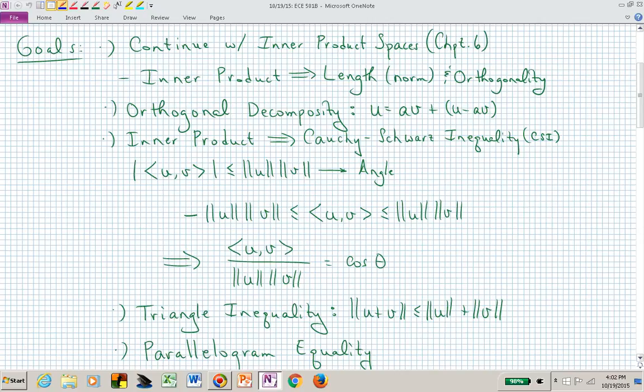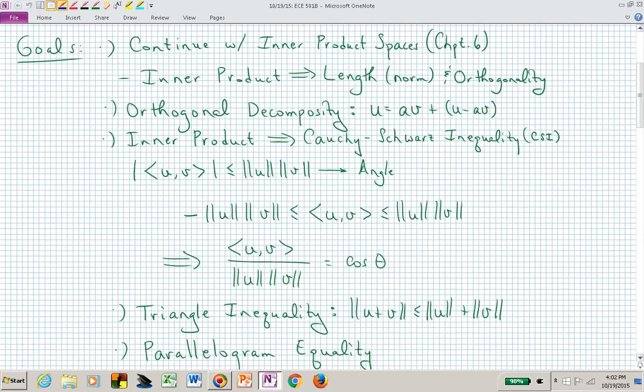Given two vectors, can you say anything about the size of those vectors relative to the size of the inner product? Or what about the sum of those sizes of those vectors? And that's leading us then into CSI. We're not on a TV show, but that's the Cauchy-Schwarz inequality, and that deals with the product of the norms.